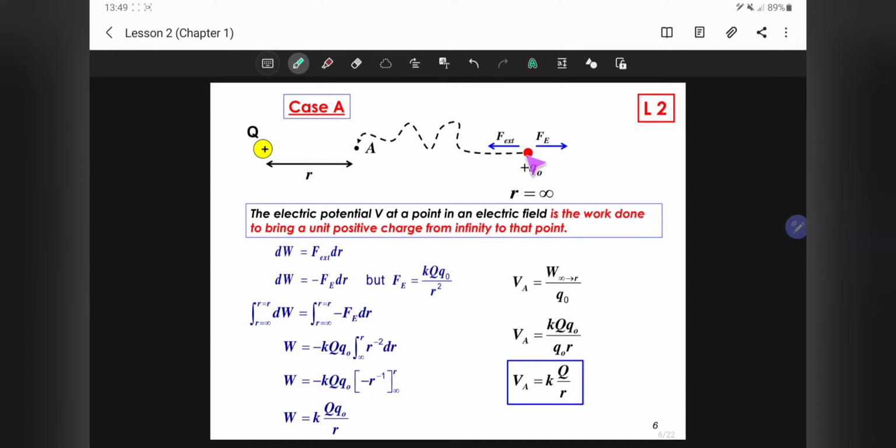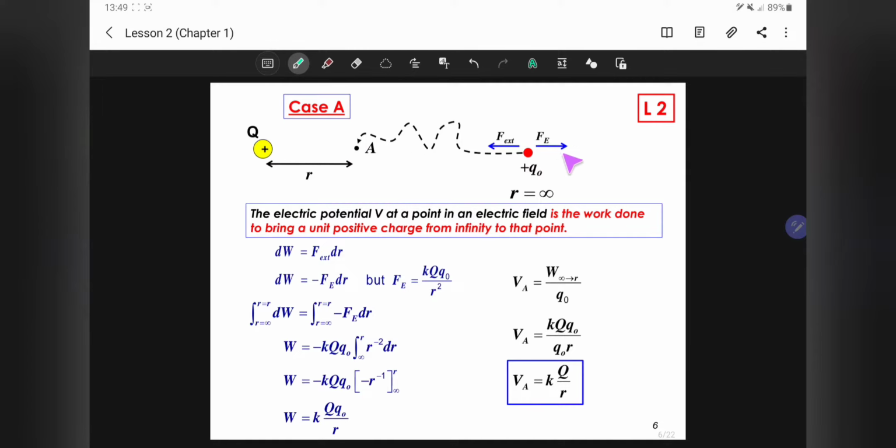Positive and positive repel each other, isn't it? So to move the test charge nearer to the isolated charge, an external force is needed, because they repel each other. So we need to apply some external force to move the test charge nearer to the isolated charge. The external force needed here must equal the electrostatic force. So this is the electrostatic force between our test charge and isolated charge, because they are repelling each other.